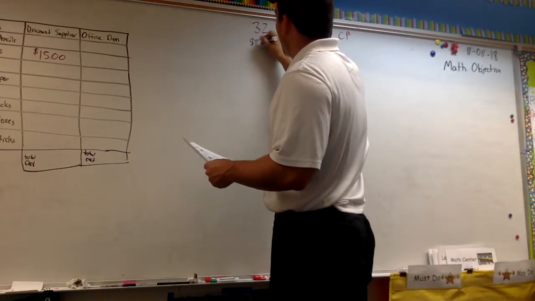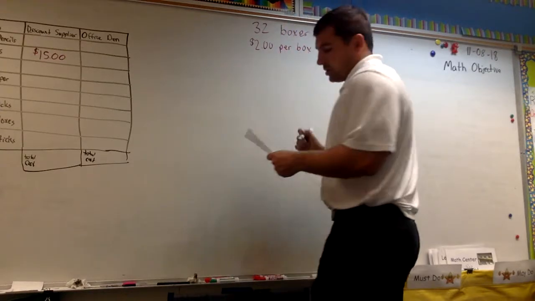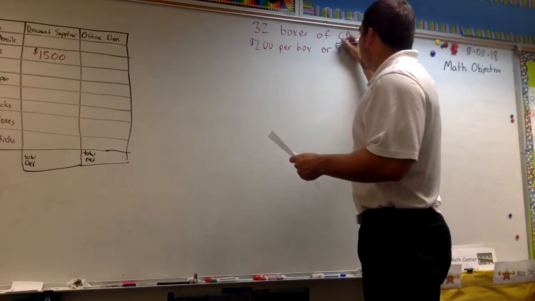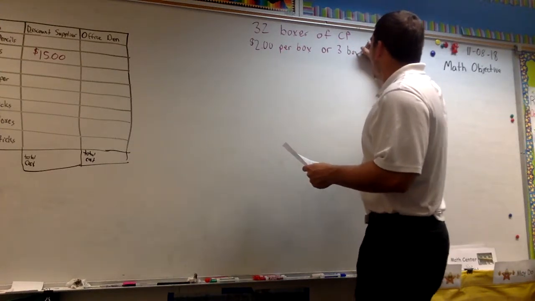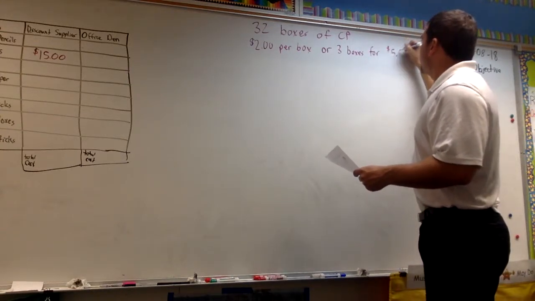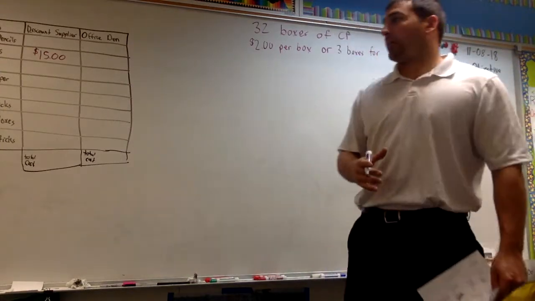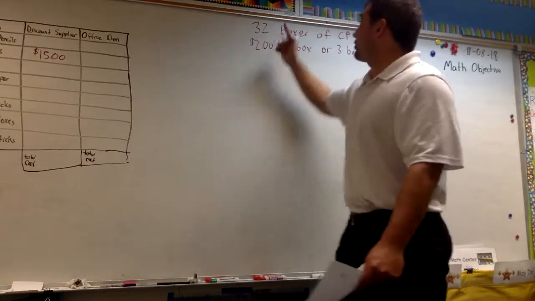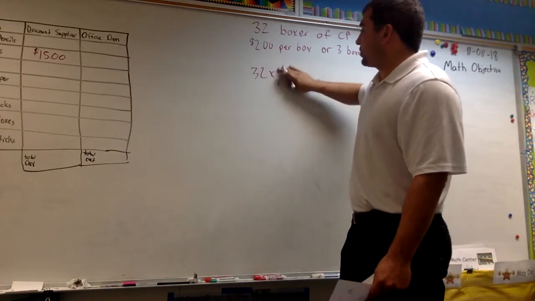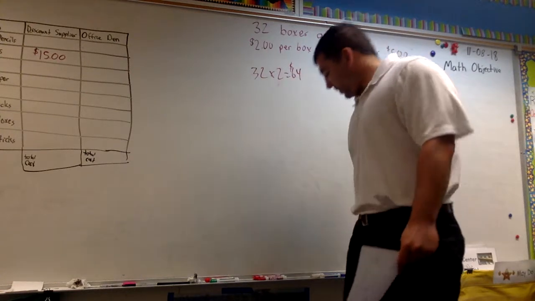It's $2 per box, or 3 boxes for $5. Now, this would be a lot easier for the sake of this problem if we could just say it was $2 per box, because we could just do 32 times 2 equals $64.